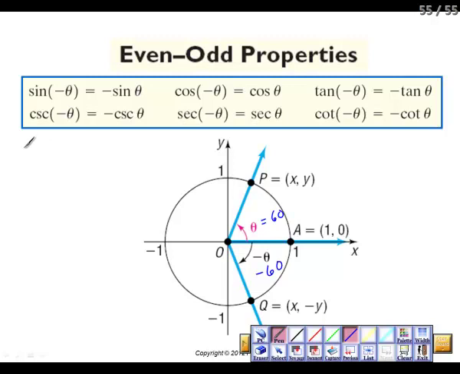In other words, sine of negative 30 degrees would be the same thing as negative sine 30 degrees. Well, for 30 degrees, square root of 3 over 2 is cosine, and sine of 30 degrees is 1/2, but we have a negative in front, so that'd be negative 1/2, and so on.